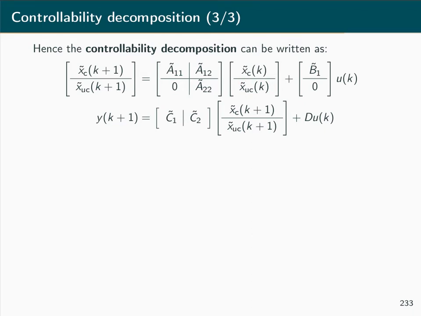And apart from that, we have the same input-output behavior as the original system, and the transformed state x tilde has the usual relationship with the original state x, namely x tilde is equal to T inverse times x.